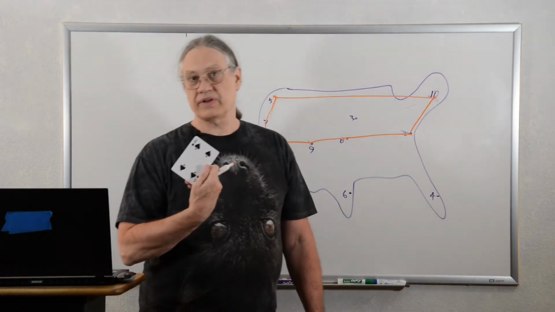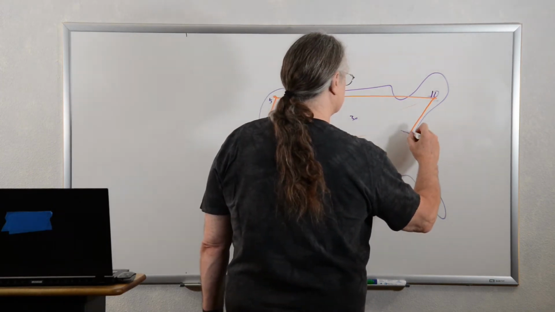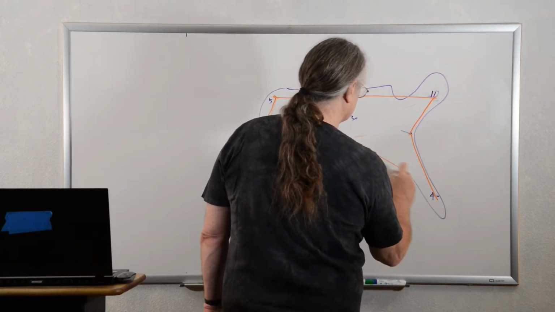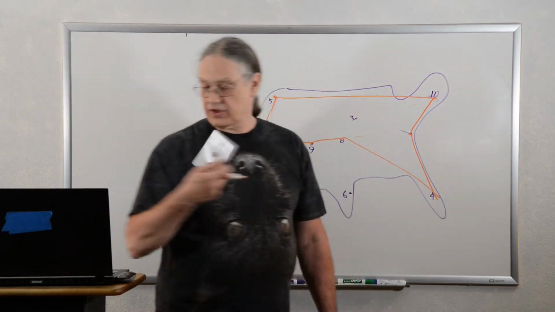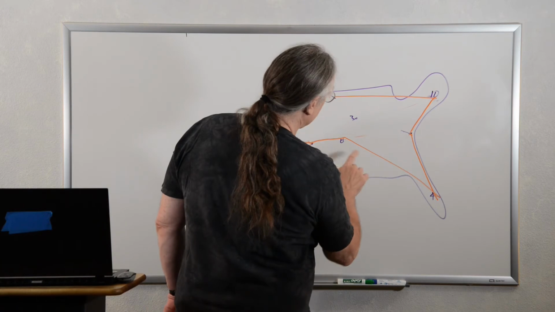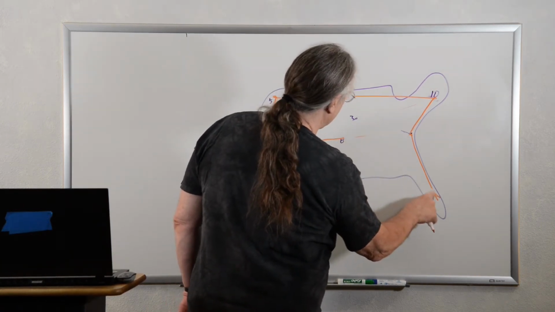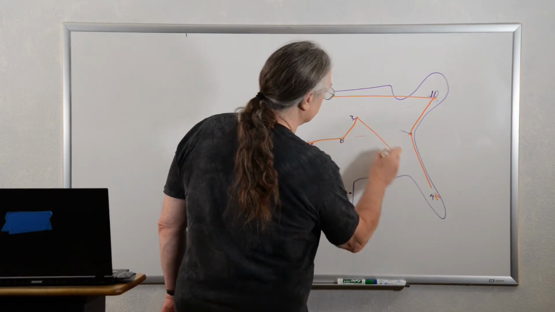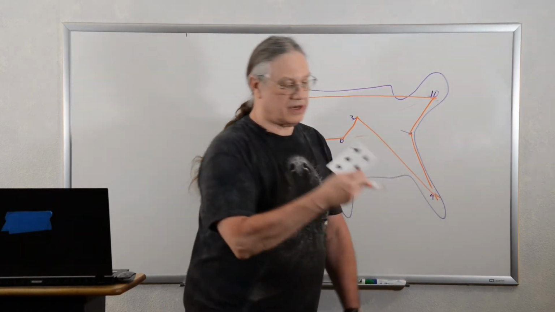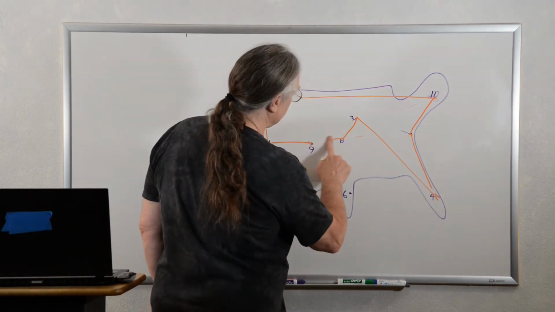The next card is a 4. The next card is a 3. And this one's a little trickier. I bet it would be this one here. And the next card, of course, is the 6. Let's just say it's this one.